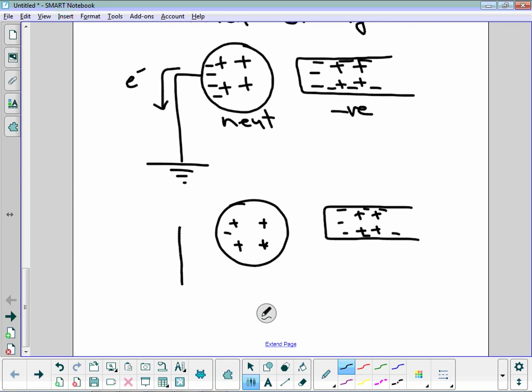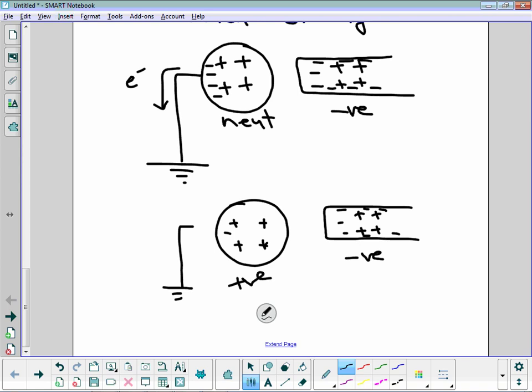The wire to ground is gone. All right, you get the idea. And in the end, look at what type of objects I have. I started with a negative and a neutral, and now I've got still the negative and a positive.